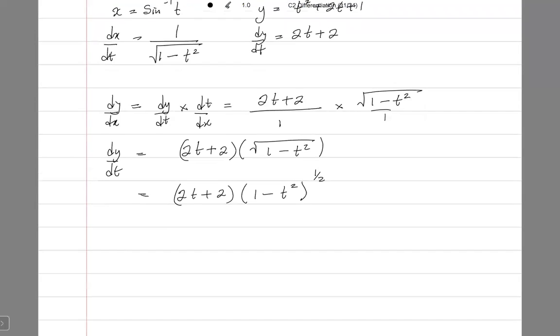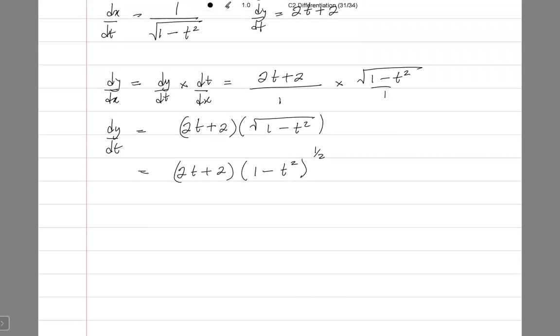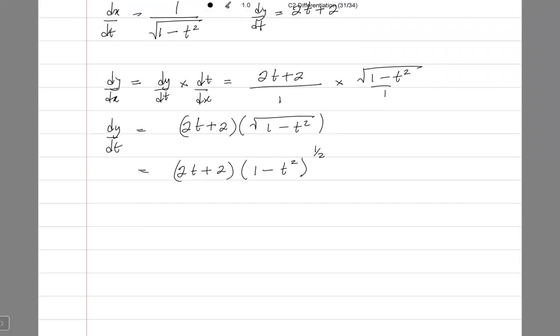All right, so next we're asked to find d2y by dx squared. And everybody should remember that d2y by dx squared would be equal to, you're going to differentiate dy by dx with respect to t, and then you're going to multiply by the reciprocal of dx by dt.